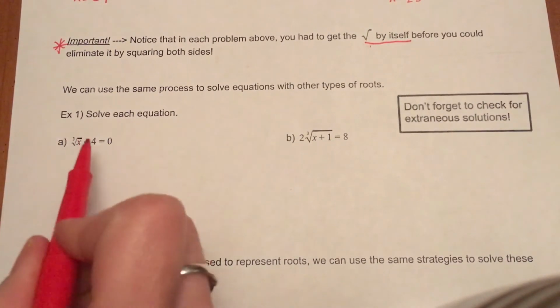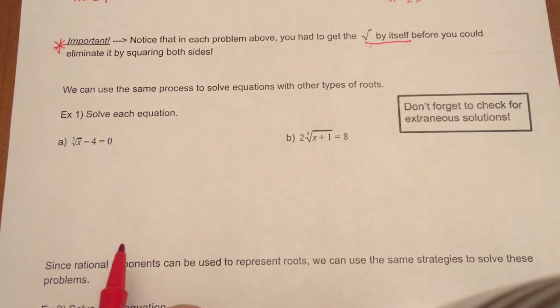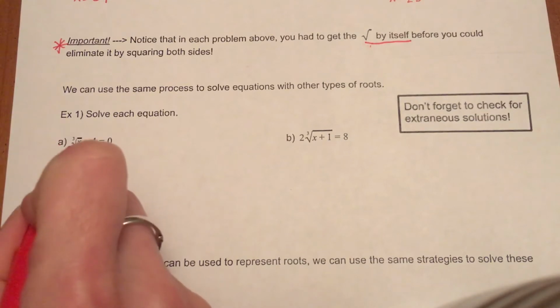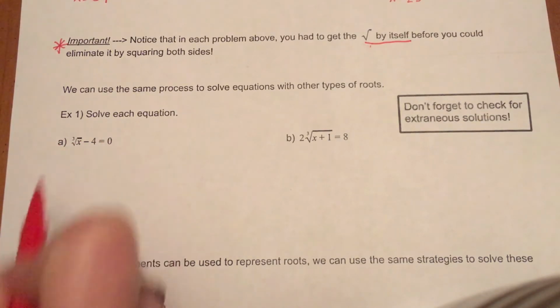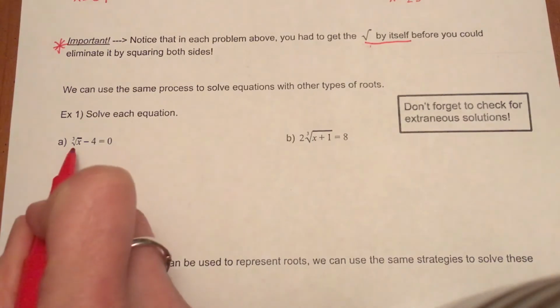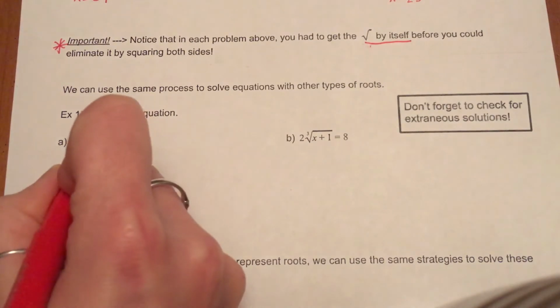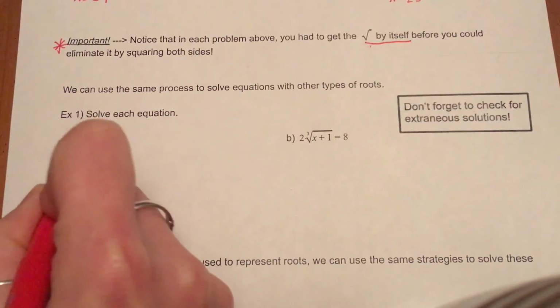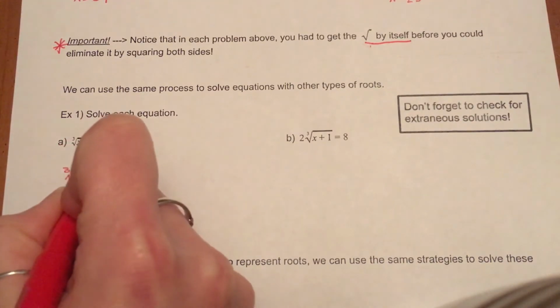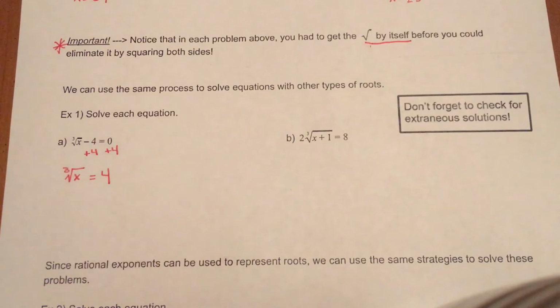Today we're going to look at cube roots, but you could do this with fourth roots, fifth roots, any index root would work. So same idea. I've got the cube root of x minus 4 equals 0. I want to solve for x, so my first step is to get the root by itself. I'm going to add 4 to both sides so that I have my cube root of x by itself and equal to 4.